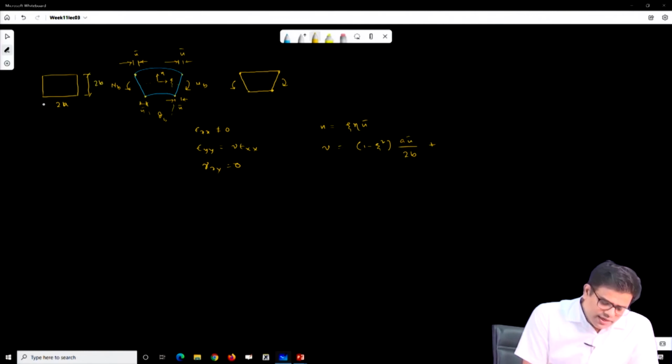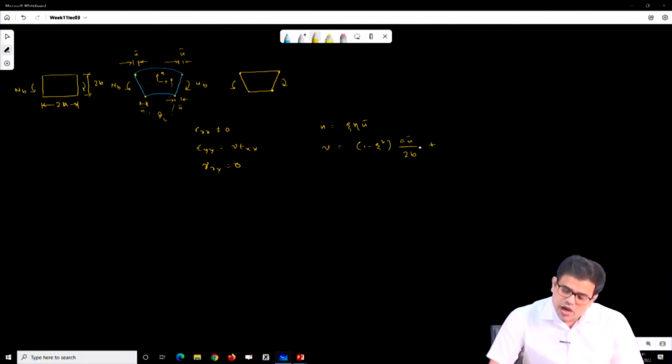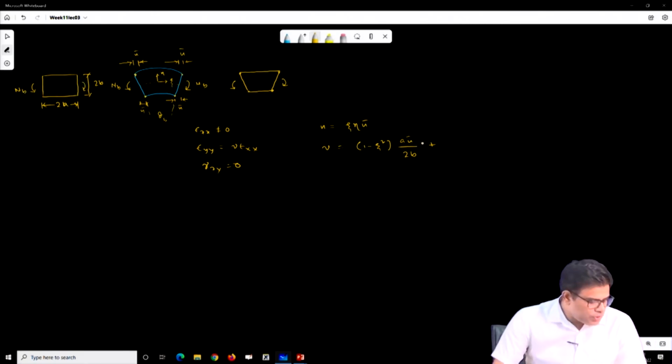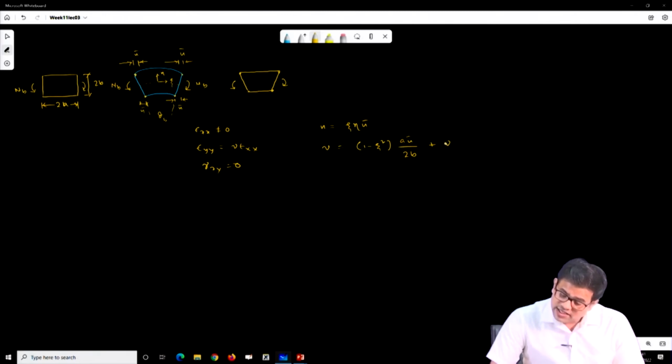So if I draw it, this is my original undeformed configuration. Now apply a pure bending moment, which is MB. Now if I compute the displacement, it looks like this. This is 1 minus eta square, with nu because of the Poisson's effect, b u bar by 2a.